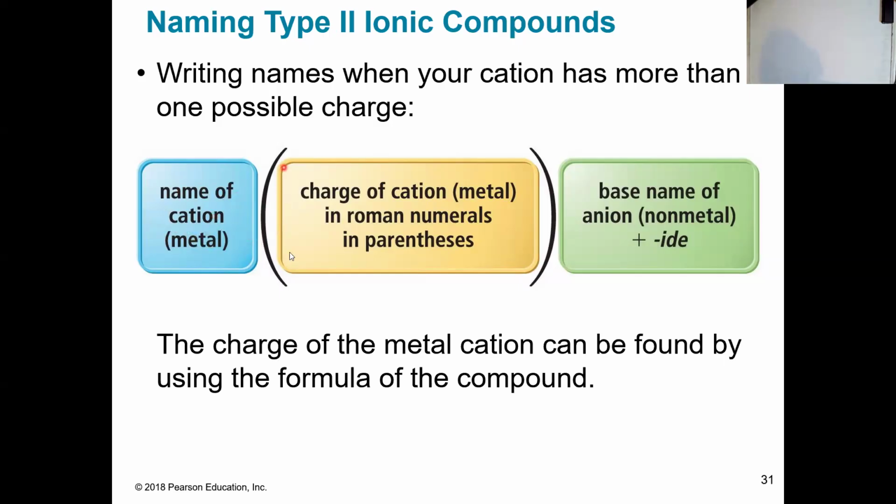Then we're immediately going to follow it with parentheses and put the charge in parentheses using Roman numerals. We'll close our parentheses and then follow it with the first syllable of our nonmetal followed by the -ide ending.